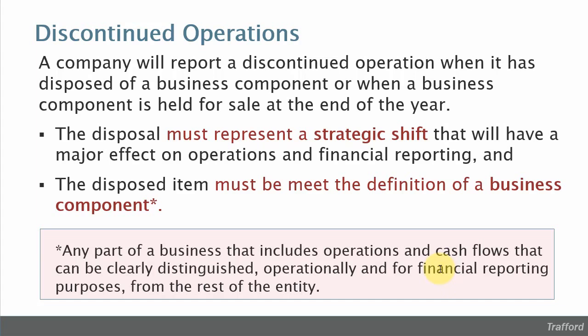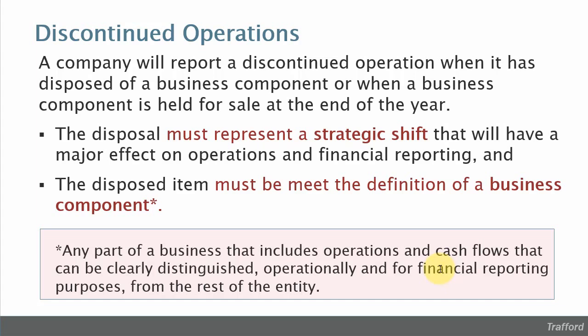In that case, each one of those coffee shops would not qualify as a business component. It would be difficult to report the operations of just one coffee shop separately because your accounting is so commingled. So in that case, if you only sold one of the coffee shops, it would not be a discontinued operation because it wouldn't meet the definition of a business component.